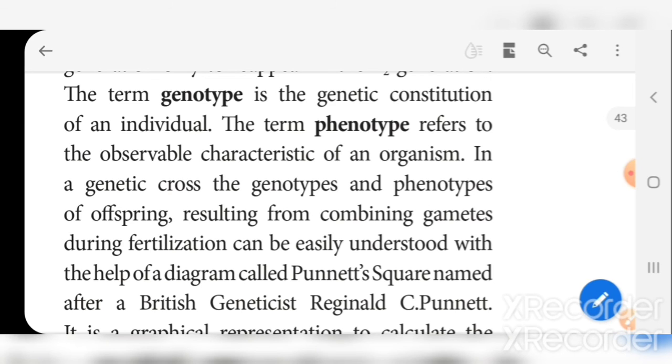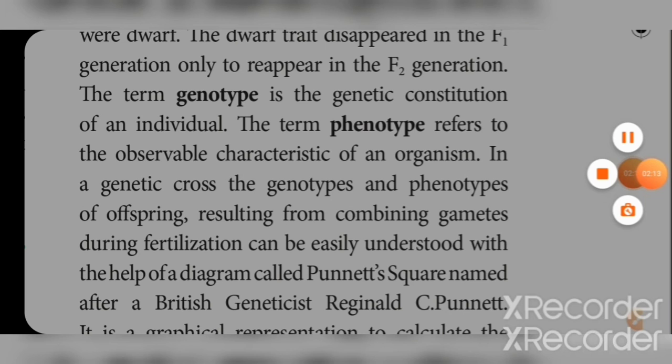In a genetic cross, the genotypes and phenotypes of offspring resulting from combining gametes during fertilization can be easily understood with the help of a diagram called a Punnett square, named after a British geneticist, Reginald C. Punnett.